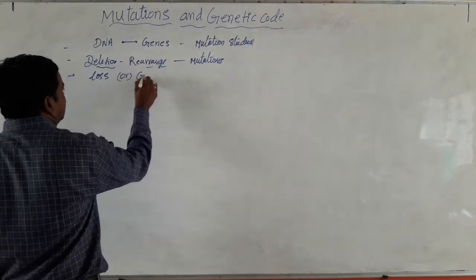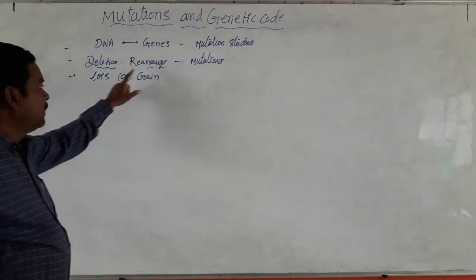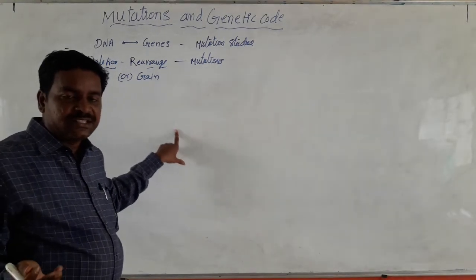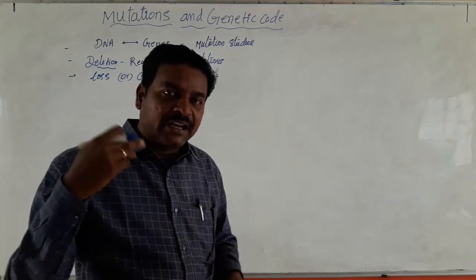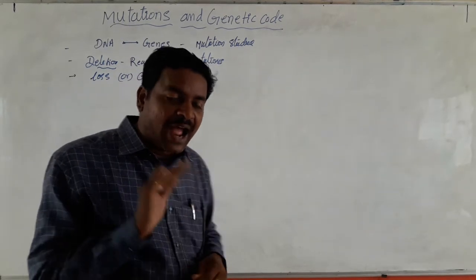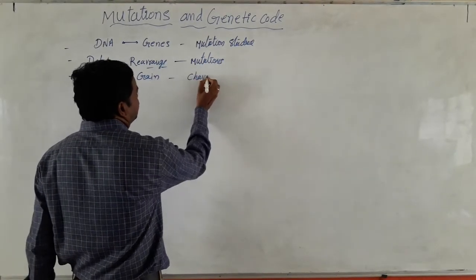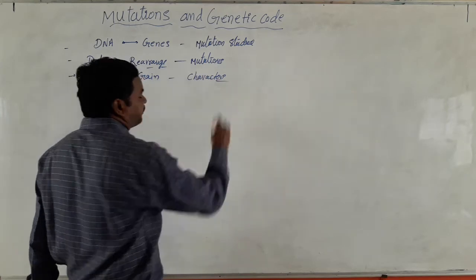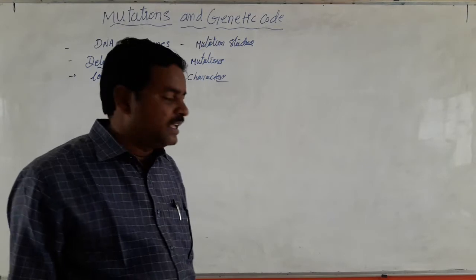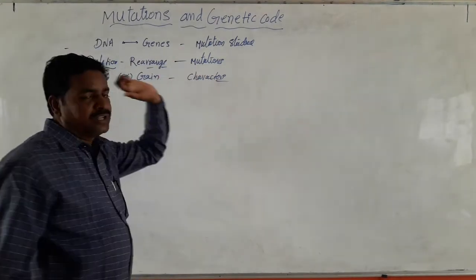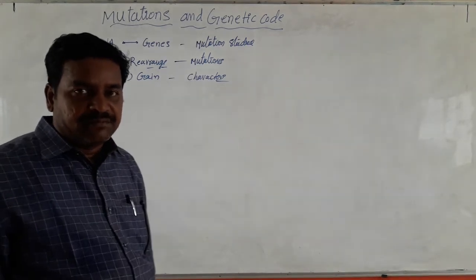Deletions lead to the loss of genes, rearrangements lead to the gain of genes, and so the characters also change. These changes and alterations in the base sequence of DNA are considered mutations.